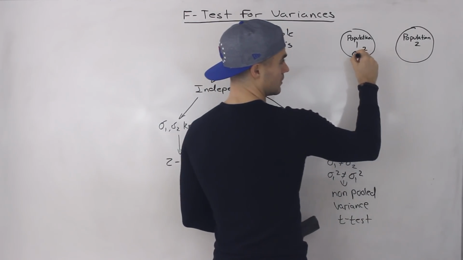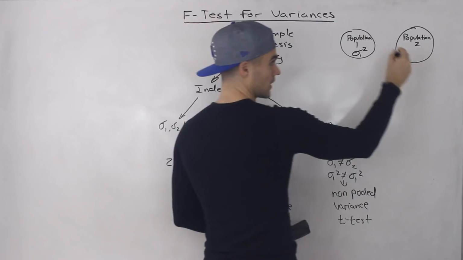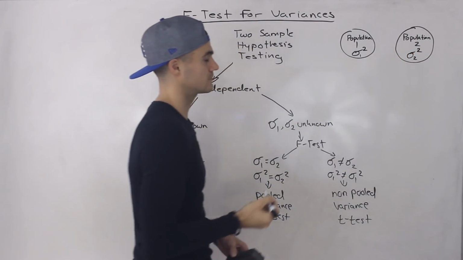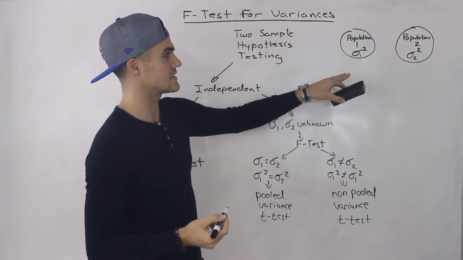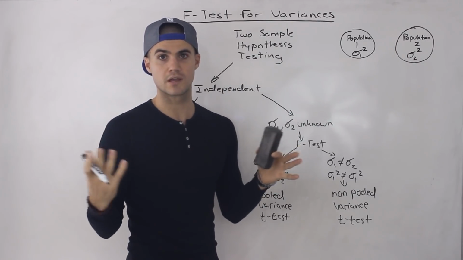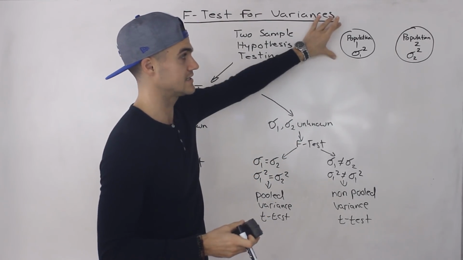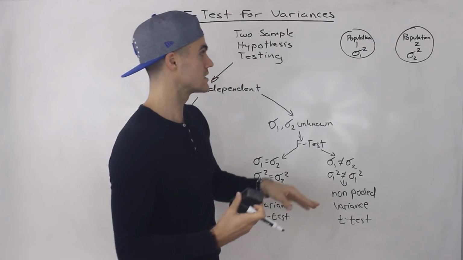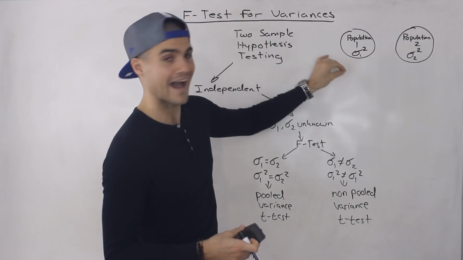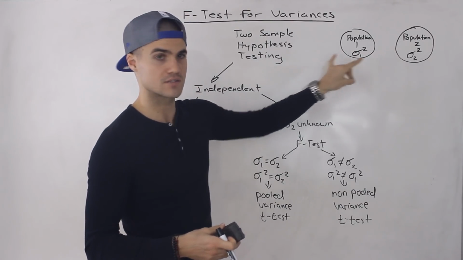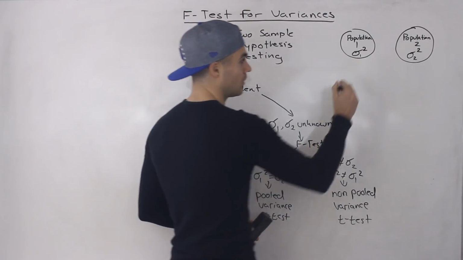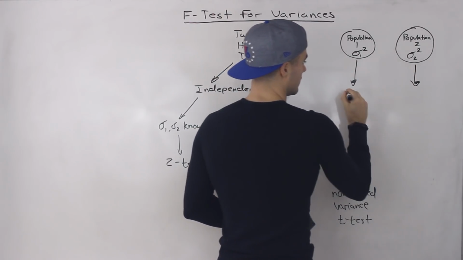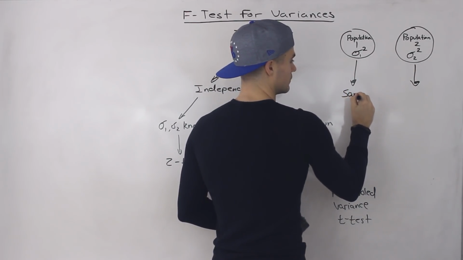So sigma of population 1 squared, that's the variance. Sigma of population 2 squared. The problem is that lots of times these populations are big. So let's say like this is like 10 million people, this is 10 million people. It's going to take a lot of resources to go and figure out what that actual population variance is for both populations. So what we do, as we've been doing, is we take a sample from each.